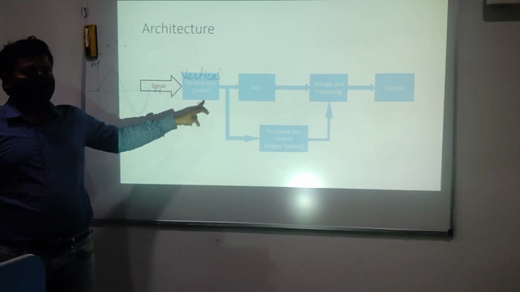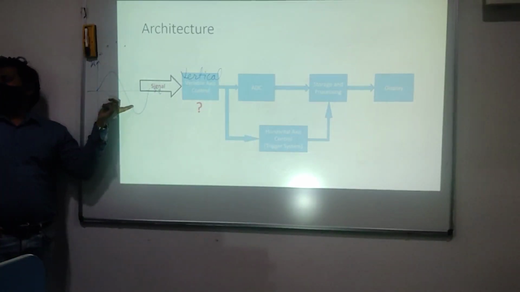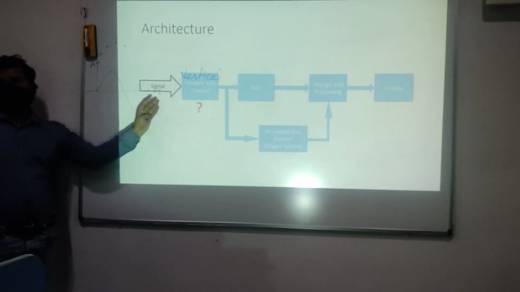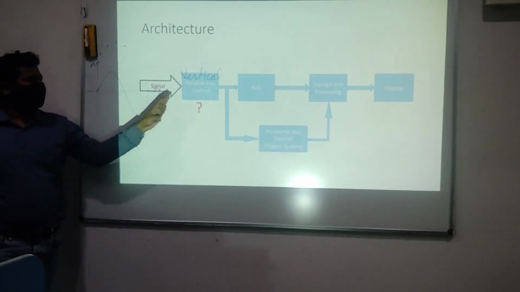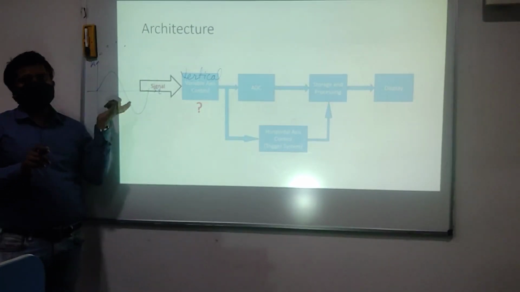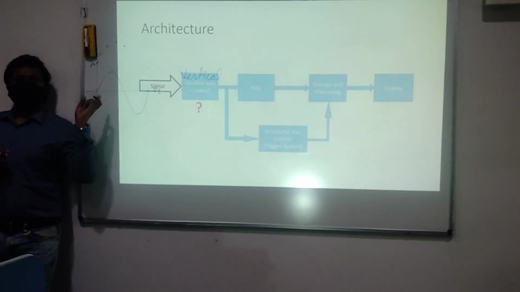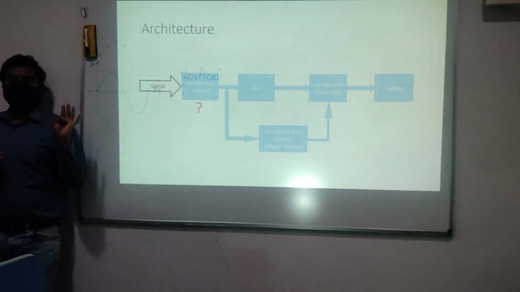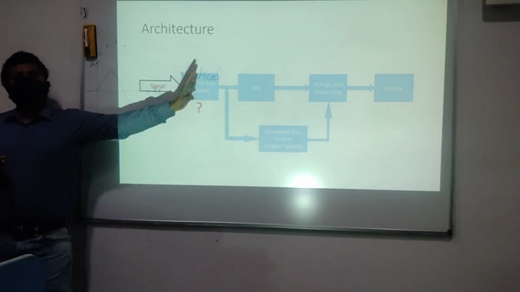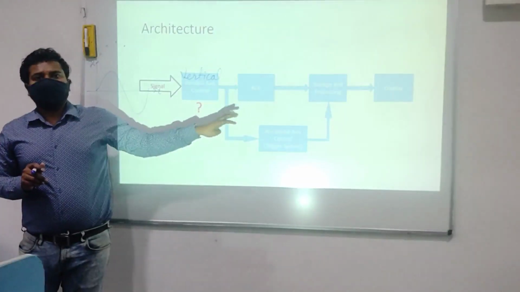So vertical axis control and horizontal axis control to decide how I want to see my signal. So the x-axis and the y-axis. Okay, so we have some controls in the oscilloscope which can be controlled for the display of the intended signal. So this is the complete architecture from the input till the display in a digital storage oscilloscope.